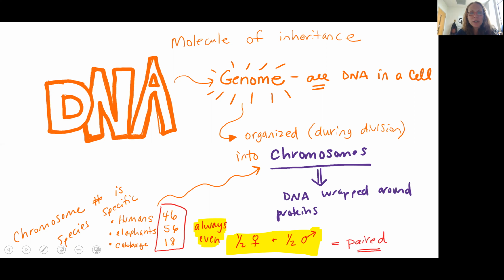The reason is because half of that DNA material, half of your chromosomes, are inherited from the egg cell coming from the mother, and the other half are coming from the sperm cell donated by the father. And so we see that our chromosomes are always paired because of this relationship. And what we'll see is that they actually will match up. So you'll have two number ones and two number twos and two number threes and so forth, all the way through our total number of chromosomes.